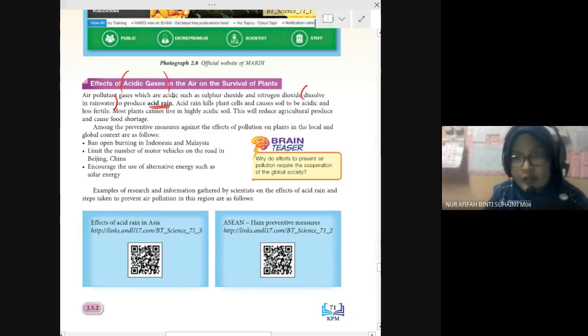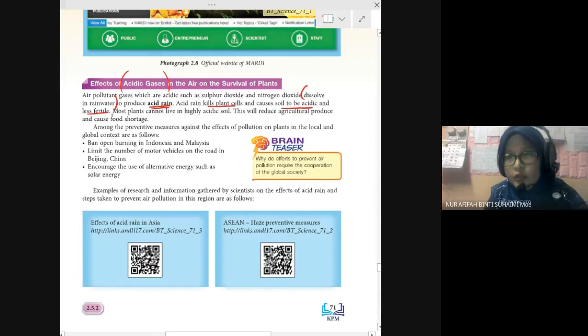This acid rain will dissolve in soil, going into the soil, absorbed by the root. This acid rain will kill plant cells and cause soil to be acidic and less fertile. So it's not good for plants.